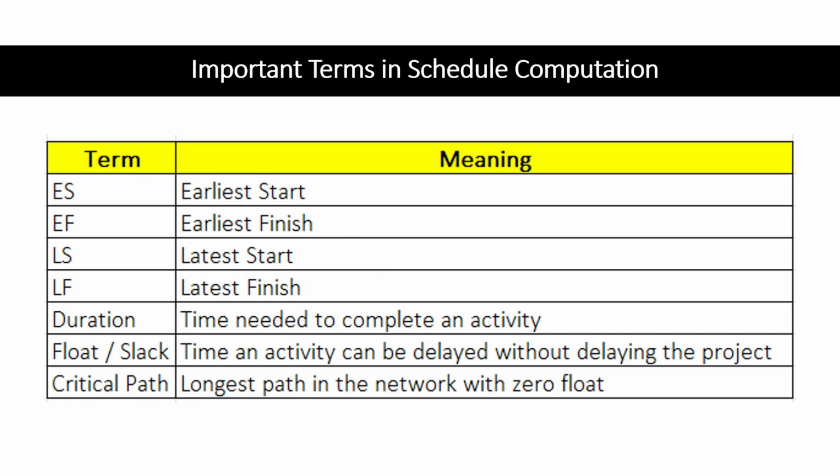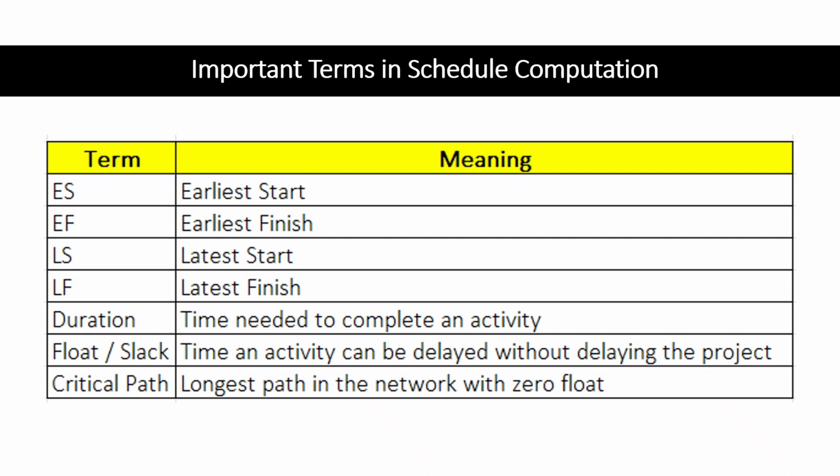Third, LS means latest start. This is the latest time an activity can begin without delaying the project. Fourth, LF means latest finish. This is the latest time an activity can finish without delaying the project. Next, duration refers to the time needed to complete an activity.